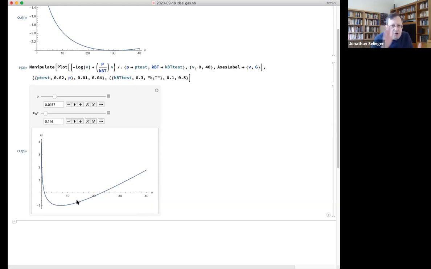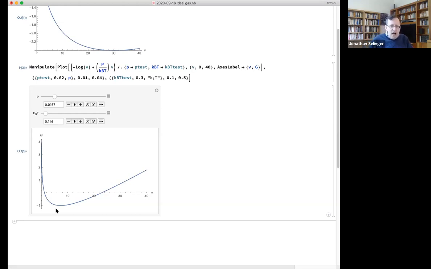The pressure is pushing in, trying to make the volume as small as possible. The entropy favors a big volume, because when there's a big volume, there are lots of possible states, lots of possible places to put the particles, the molecules.